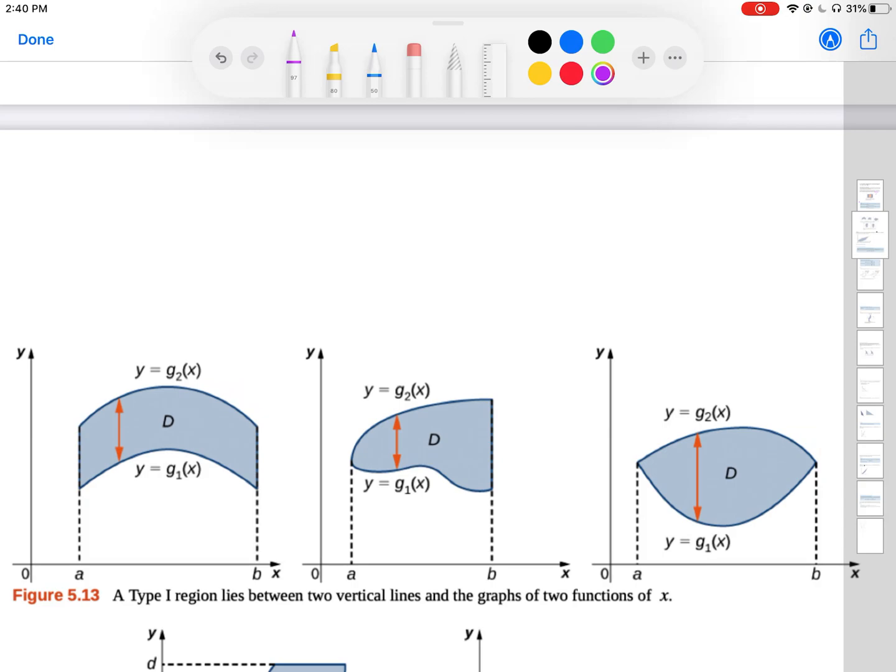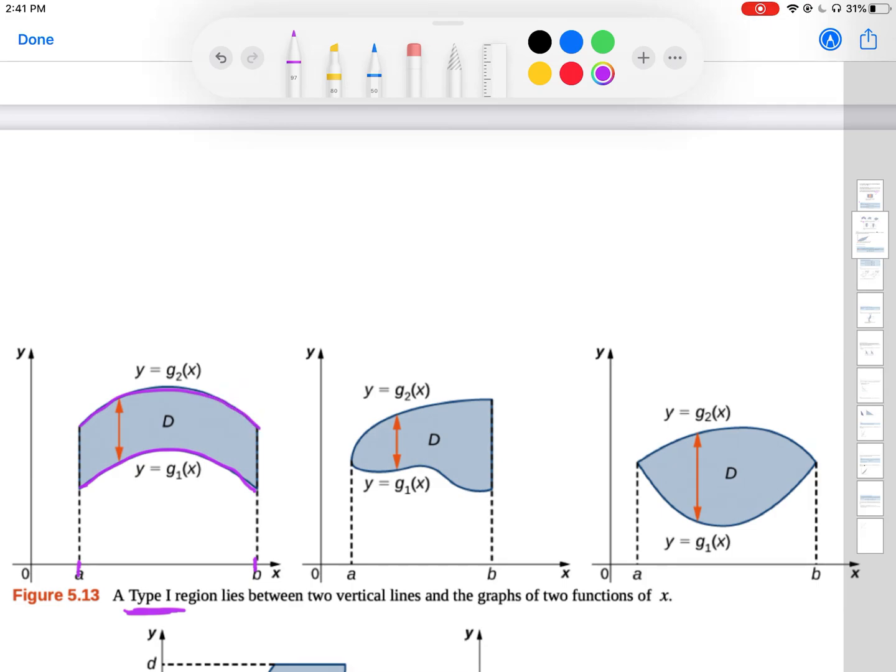So let's take a look at this first picture. This is a picture of a type 1 region. So it lies between two vertical lines and graphs of two functions of x. So we're going to look at our x values. Now, as we integrate, we have to consider our functions. So I want to consider my first function that I come across, and then my second function as it comes across.